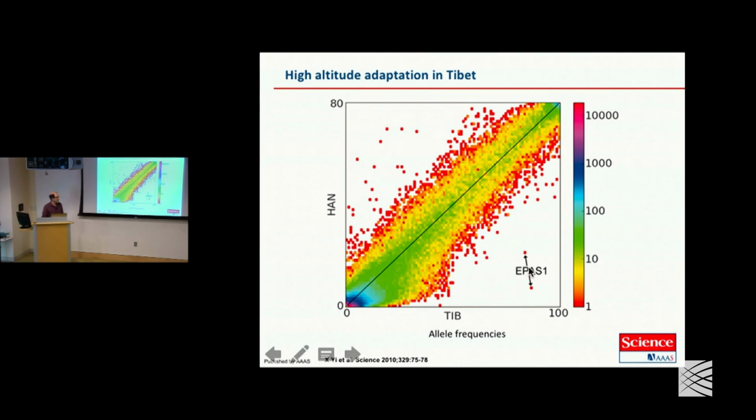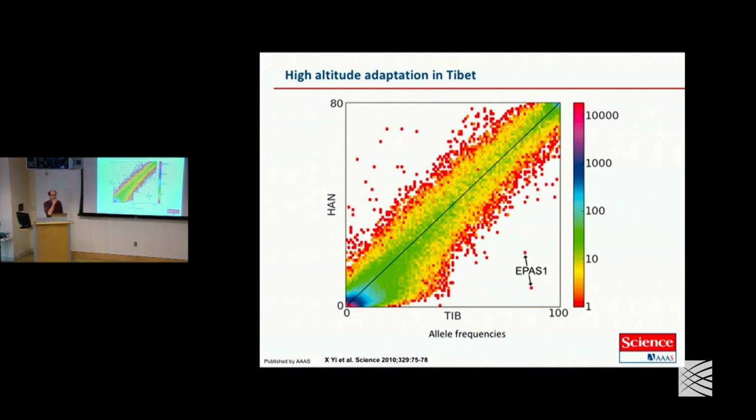And down here you can see derived alleles that are at much higher frequency in Tibet than in the Han Chinese. And these mutations, it turned out, with further investigation, confer adaptation to high altitude, to being able to handle low oxygen levels. They stick out like sore thumbs, very clear. And so it's a way of finding what's been selected for in a particular population that has a different environment.